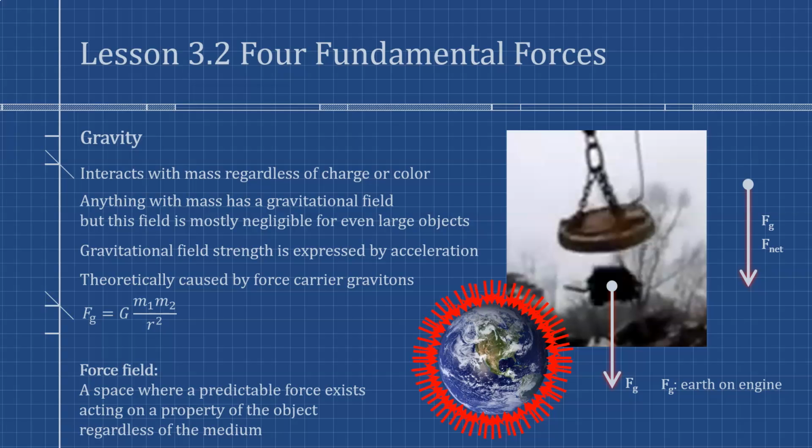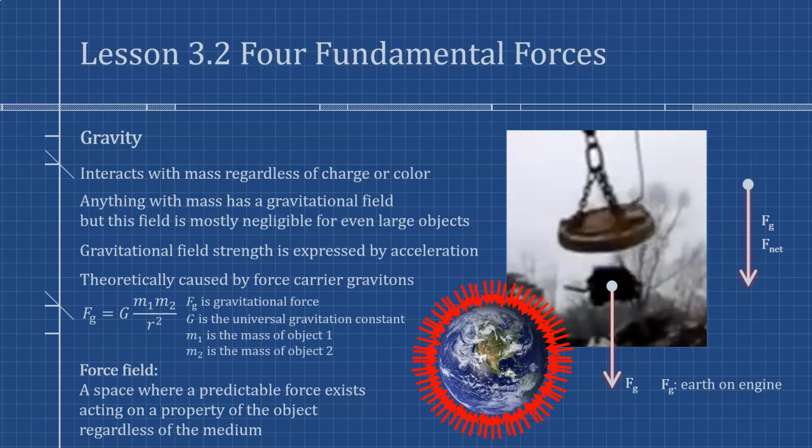And then the equation for gravitation should look familiar to you because this looks very much like the equation for the force exerted by a point charge according to Coulomb's law. Fg is the gravitational force. G is a constant of universal gravitation, a fudge factor that changes our relationship between mass and distance into a correctly unit force.